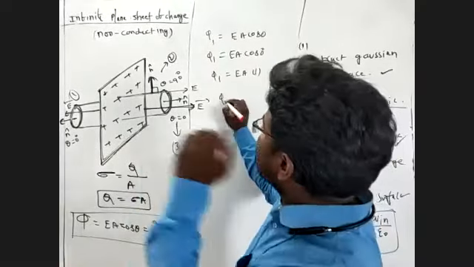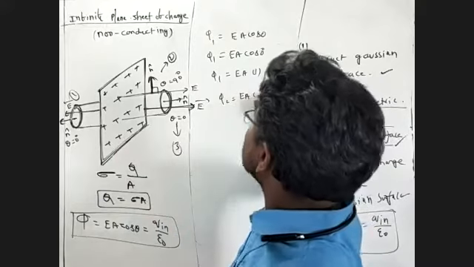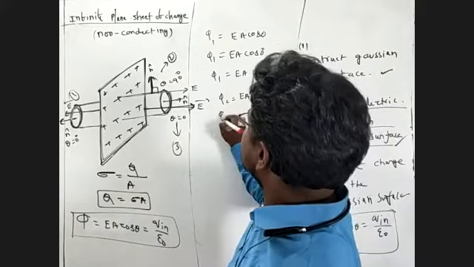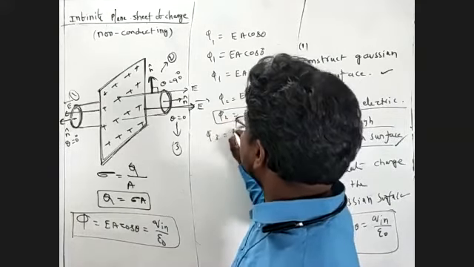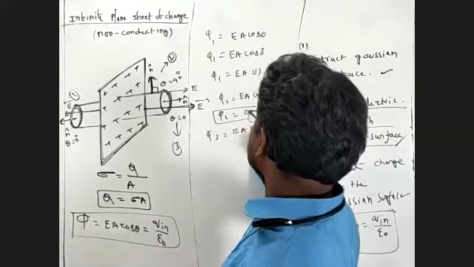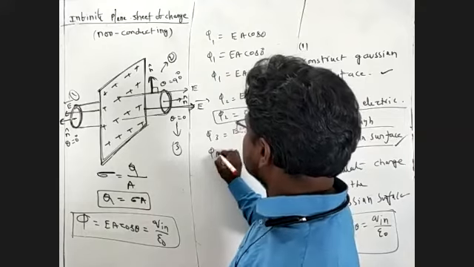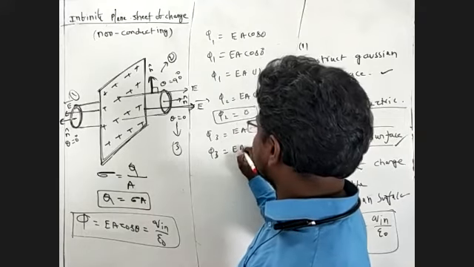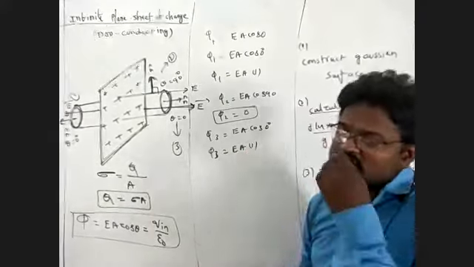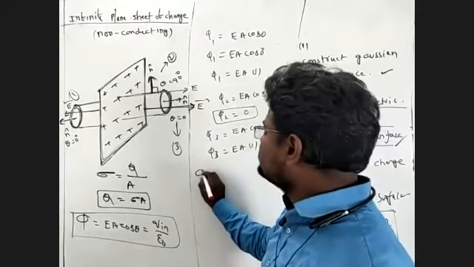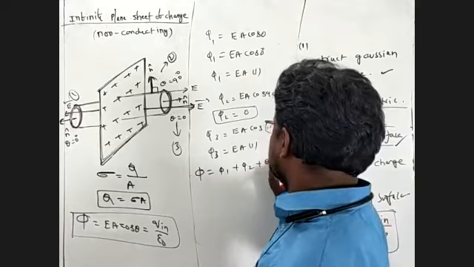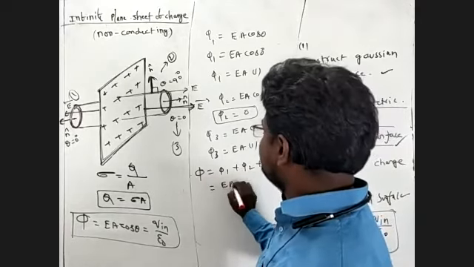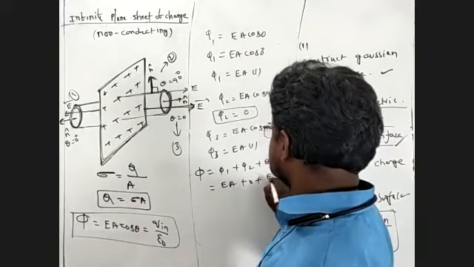Second surface, EA cos 90, and cos 90 is 0, so phi 2 is equal to 0. Third, phi 3 equals EA cos 0, which is EA. So phi equals phi 1 plus phi 2 plus phi 3, where phi 1 is EA, phi 2 is 0, and phi 3 is EA.